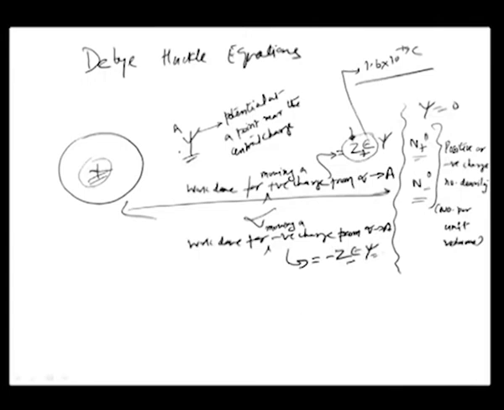Xi is the potential at A. Z minus is the valency on the negative ion.